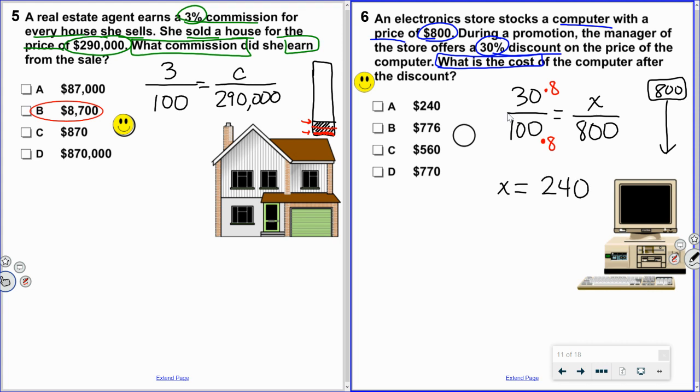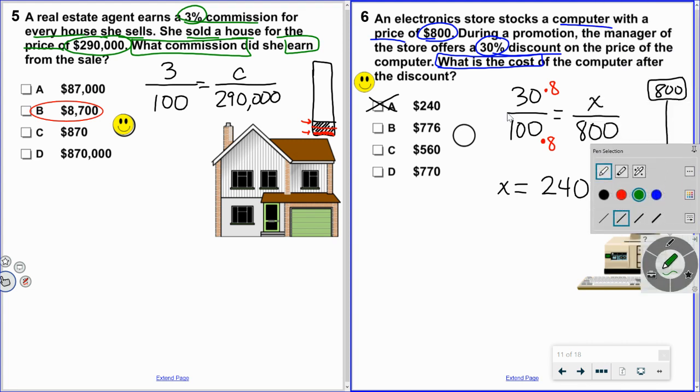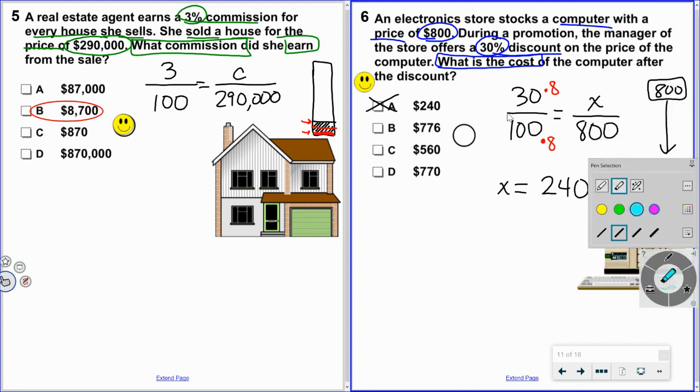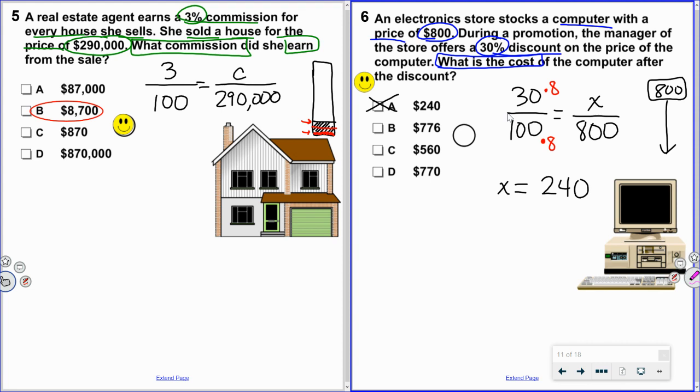What if I told you that's the wrong answer? It has nothing to do with the mathematics and everything to do with what is the question asking. Now that last word, after the discount, or maybe even if you understand what the cost is asking, that's kind of important because it went down 240, but that's not what the question is asking.